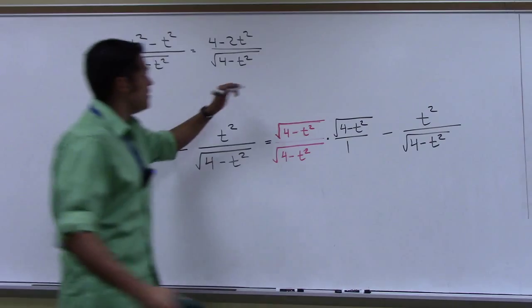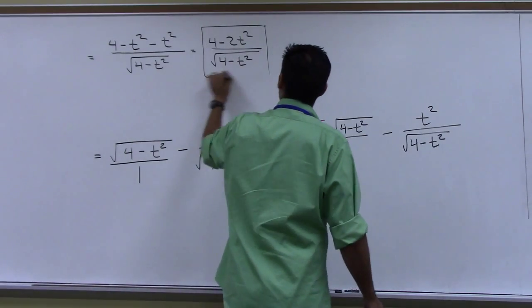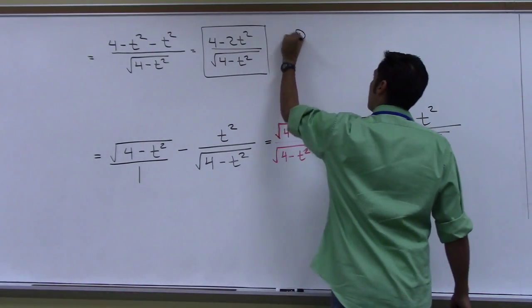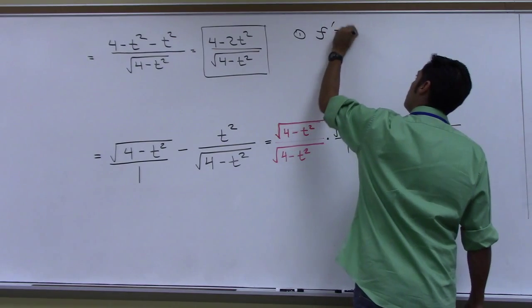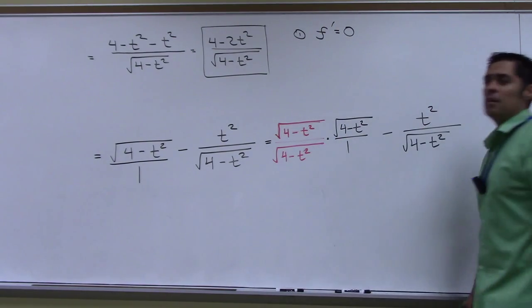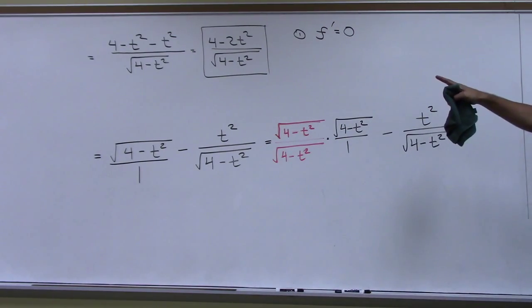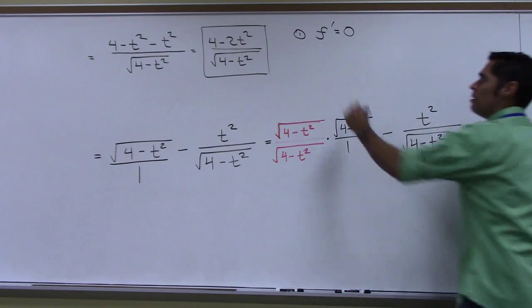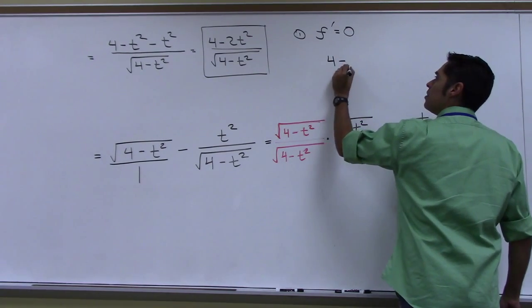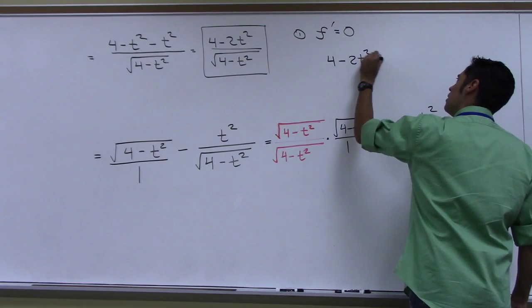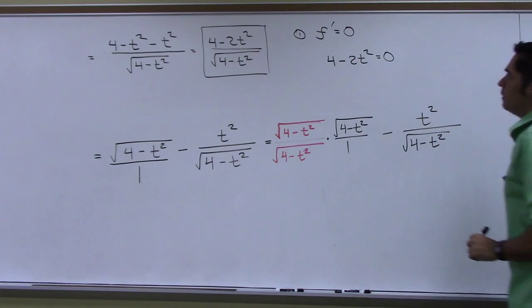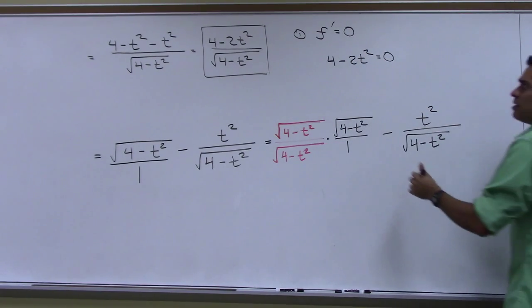All right, so now it's kind of a separate thought. This is my derivative, right? First thing I'm going to do, I'm going to set the derivative equal to 0. So whenever I set the fraction equal to 0, we said you only have to worry about the top, right? So I'm actually just going to set 4 minus 2t squared equal to 0. This really depends on how you want to do this.